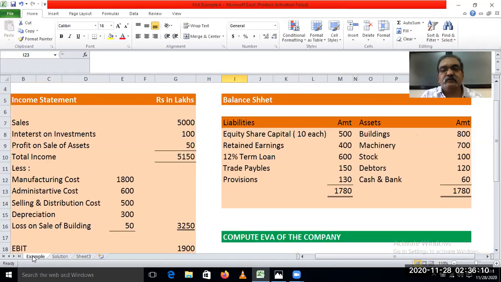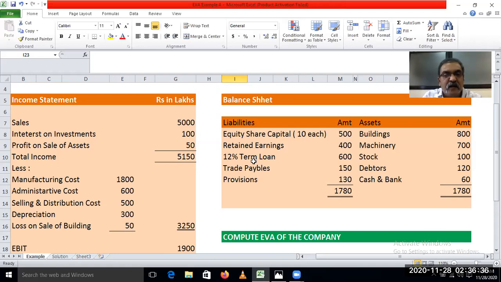Now the debt. Debt means what? Long-term borrowed funds. We can check on the liability side, after equity capital, share capital and retained earnings. There are three items: a 12% term loan, trade payable and provisions. But out of these three, only one is a loan, that is a borrowed amount, and this is a term loan.